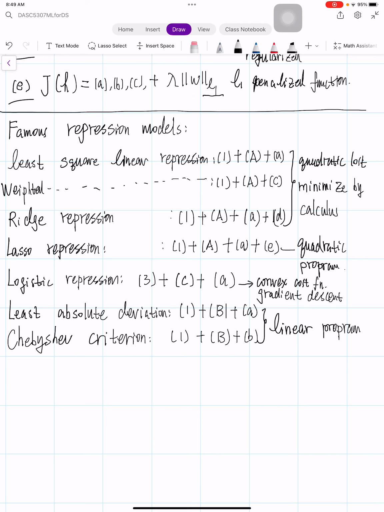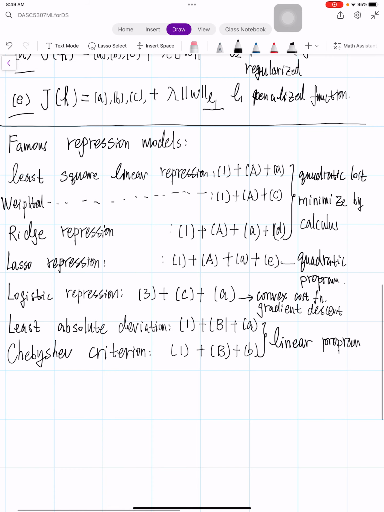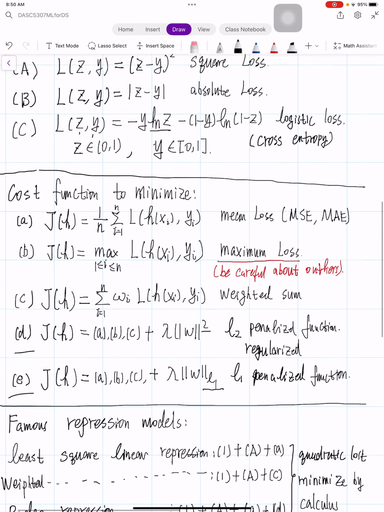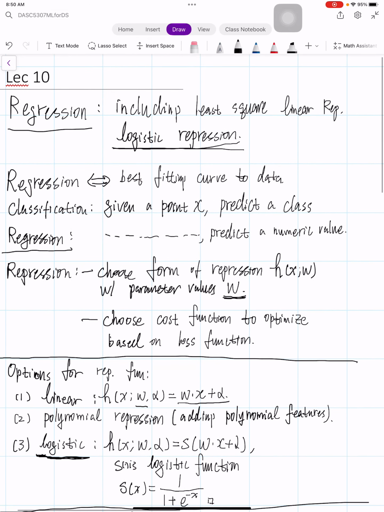Like the perceptron algorithm, we use gradient descent, right? And for the QDA, quadratic discriminant analysis, we use quadratic programs to solve for the decision boundaries. So that's a brief introduction about what we're going to talk about in the next few lectures.